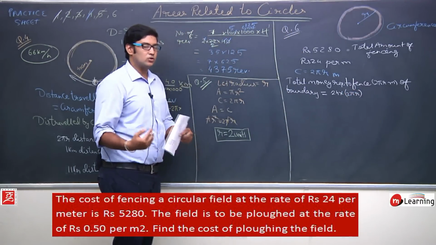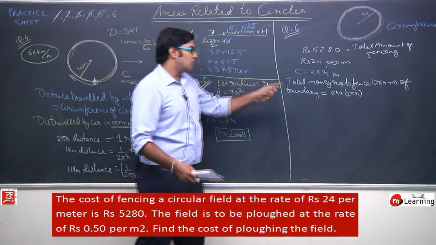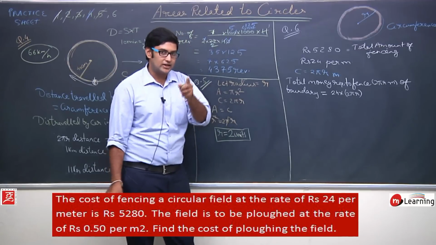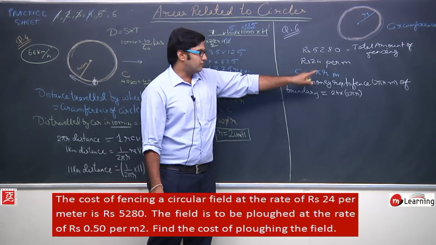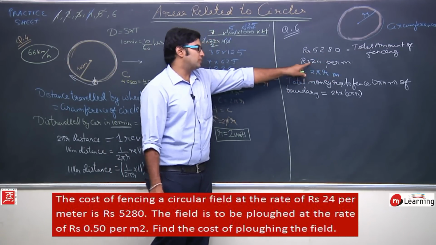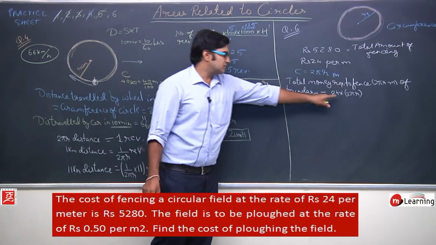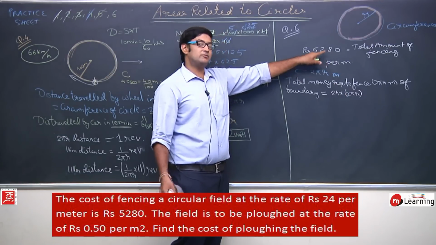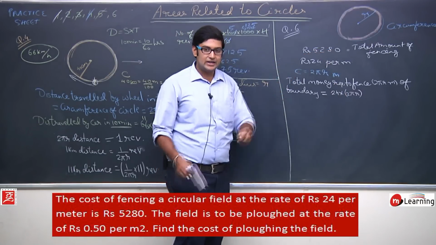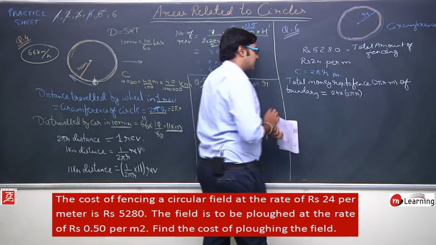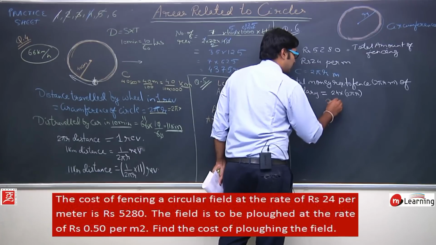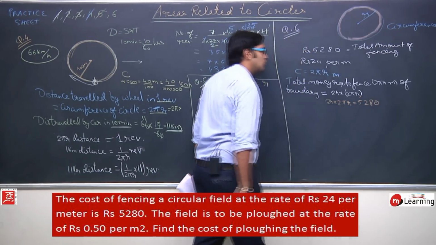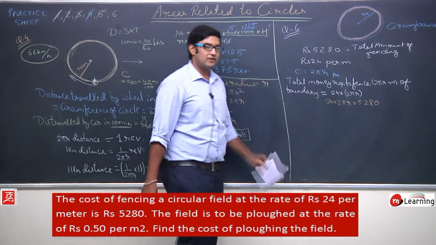For example, if I want to fence 3 meters of boundary, how much money will I require? 24 rupees for each meter. So, I have 3 meters of boundary, it means 24 into 3. So, if I have 2 pi r meters of boundary, I need to spend 24 into 2 pi r. This much money I have spent. Now, this money is equal to the total money that I have spent, which is 5280. So, from the condition I can write 24 into 2 pi r is equal to 5280 rupees.